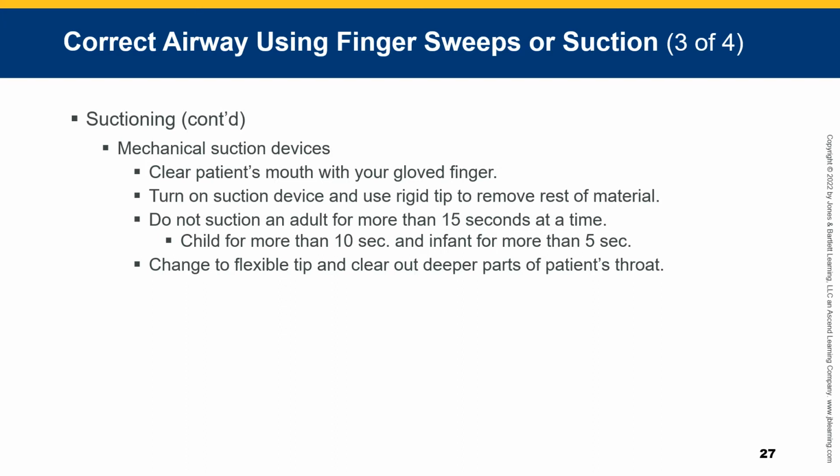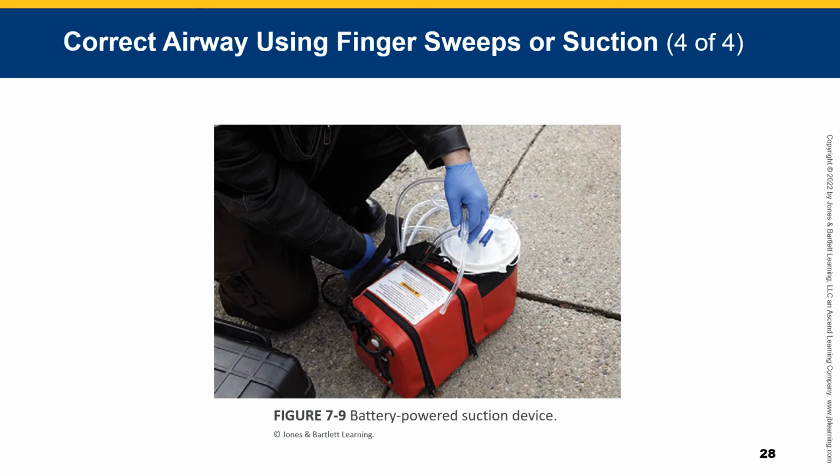Change to a flexible tip and clear out material from the deeper parts of the patient's throat, if necessary. This is figure 7-9 from your book, and this is one type of battery-powered suction device. They all look pretty similar no matter who manufactures them.